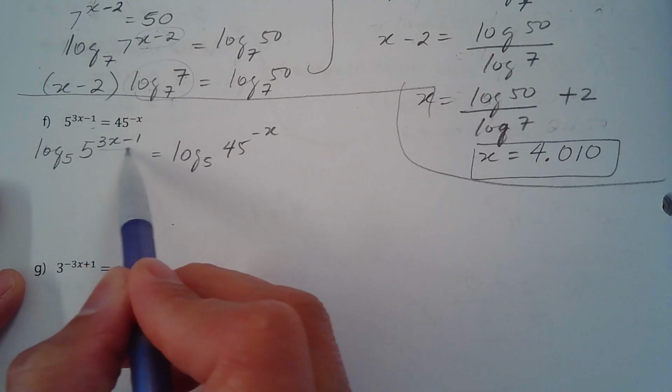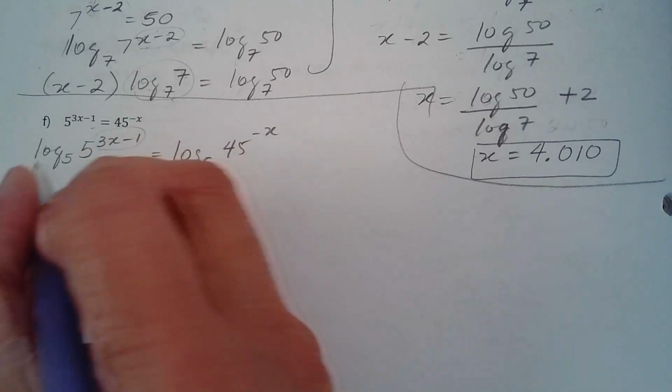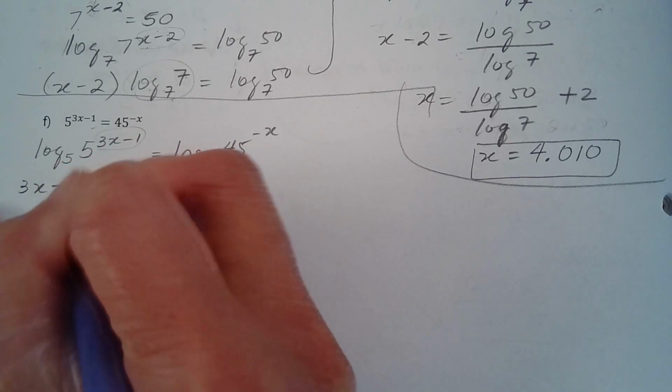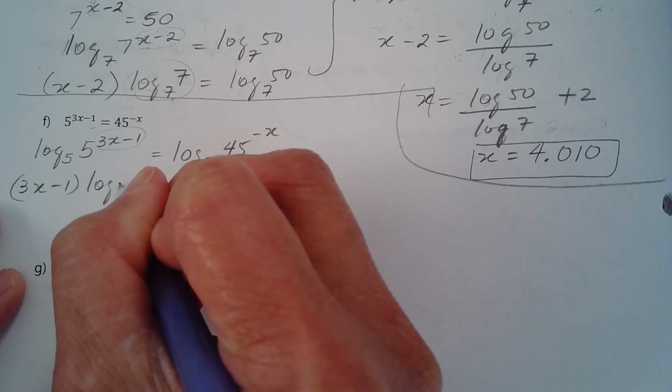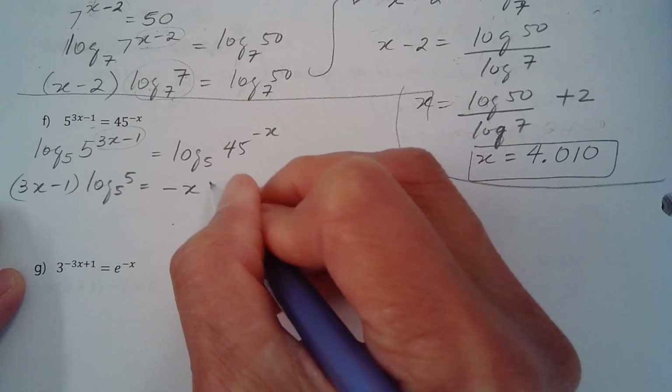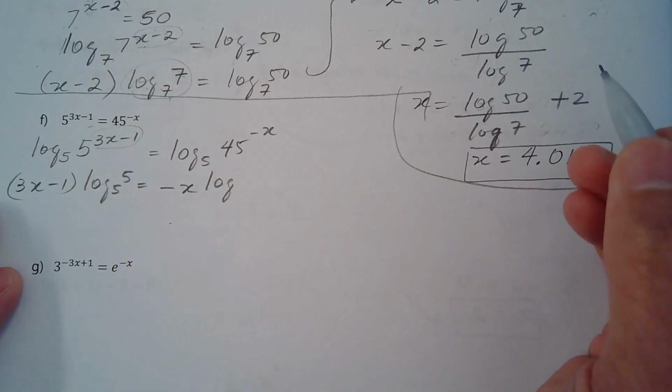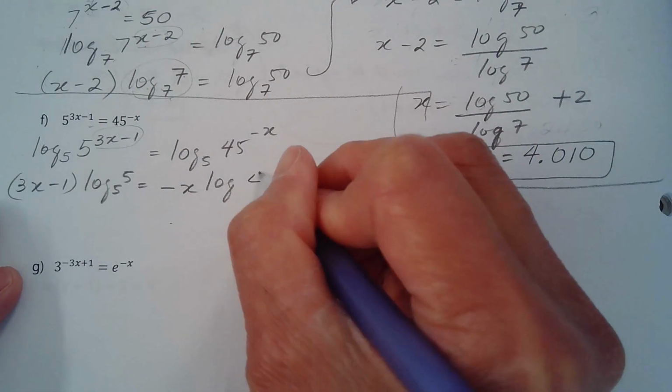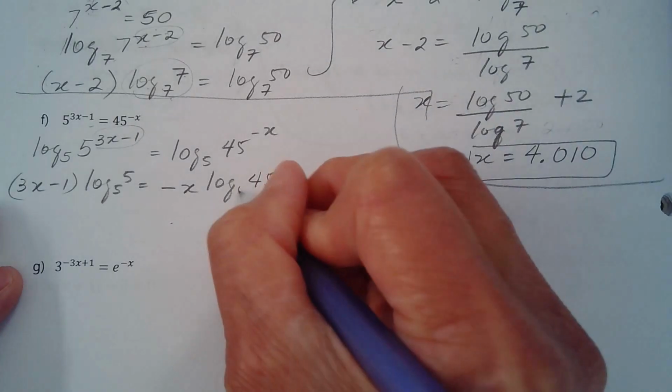Okay, let's bring this down this way. It's going to be 3x minus 1 times log 5 base 5 equals negative x log of 45 base 5.